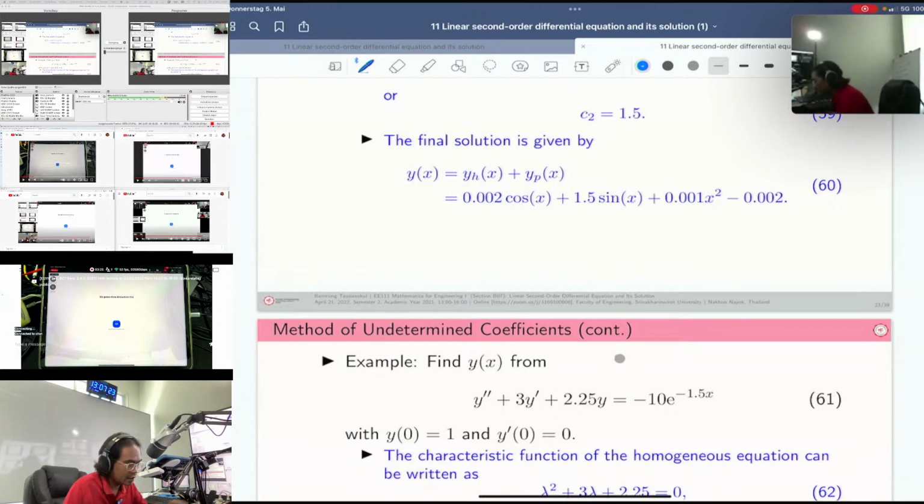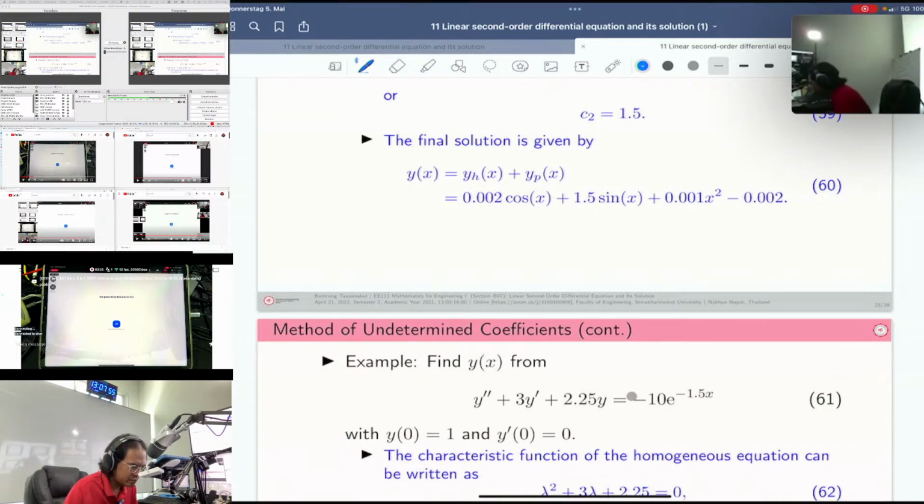In this example, you can see that it is a linear ordinary differential equation with constant coefficients. One coefficient here is 3 and another coefficient is 2.25, and it's fine, right?